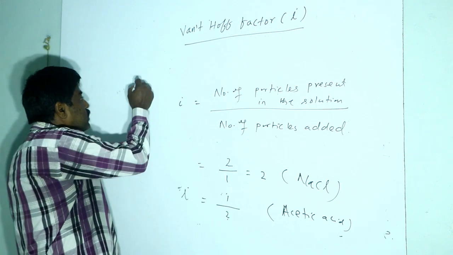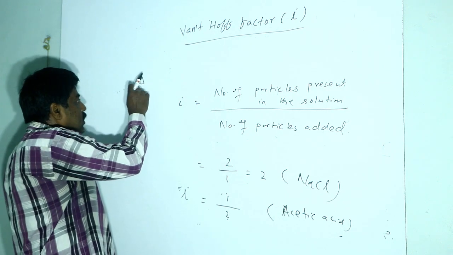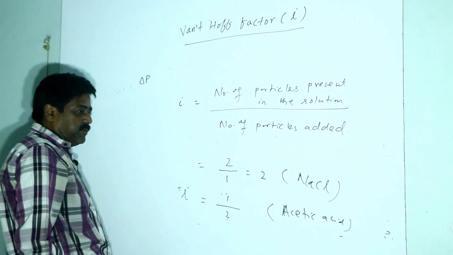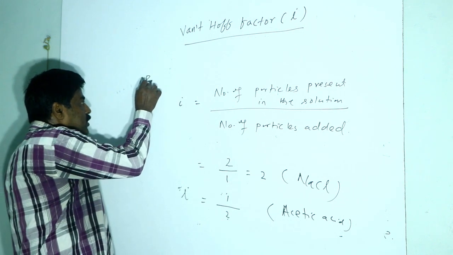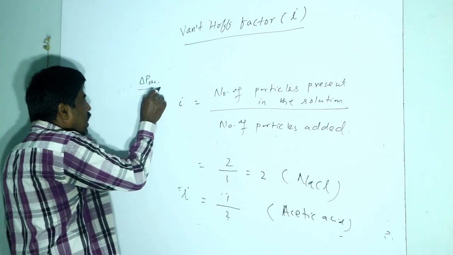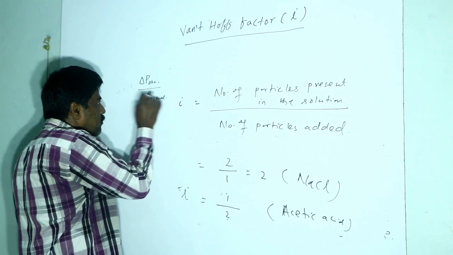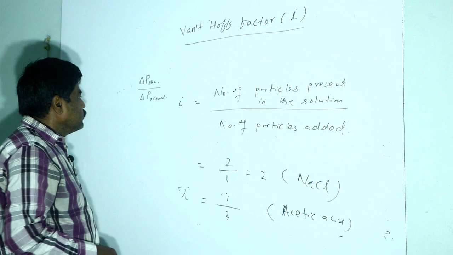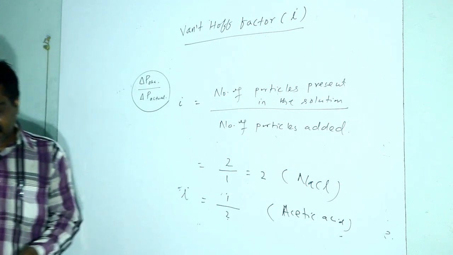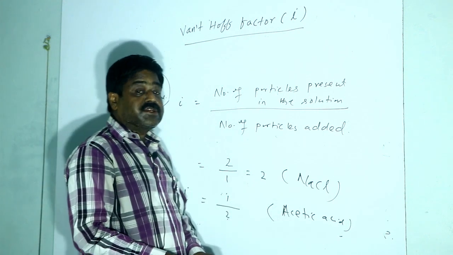For the abnormal colligative property, let's say the lowering of vapor pressure, del P, that is observed, is different from the actual one. Let me analyze a note here. We can realize the extent of deviation here.